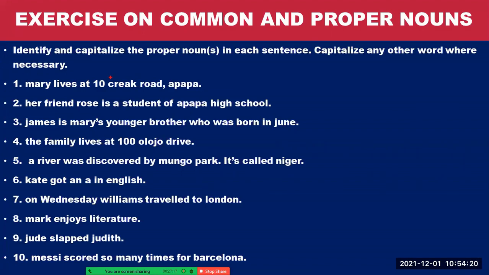And I will be right back to solve the questions so that you can score yourself and know exactly how well you fared. So the exercise is this: identify and capitalize the proper noun or nouns in each sentence. Capitalize any other word where necessary.